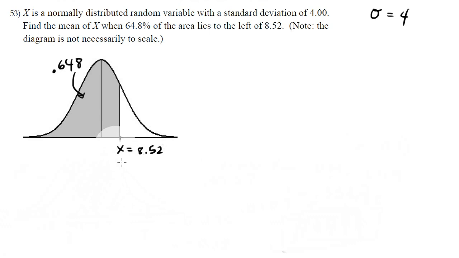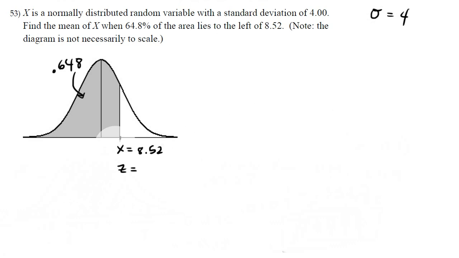We need to find the z value here. And once we find the z value, we can figure out how to solve for the mean, because we'll have the z value, we'll have the x value, and we'll have the standard deviation of 4.